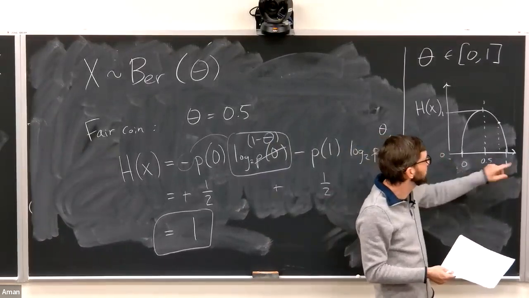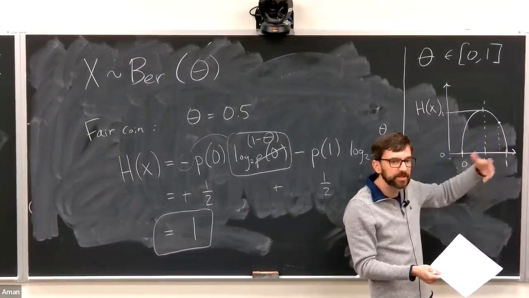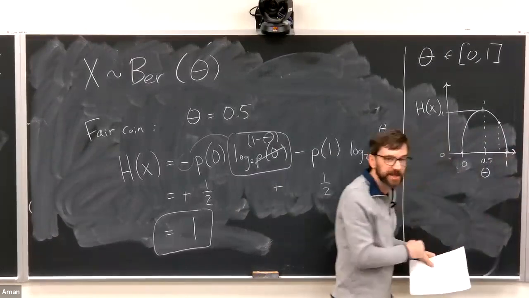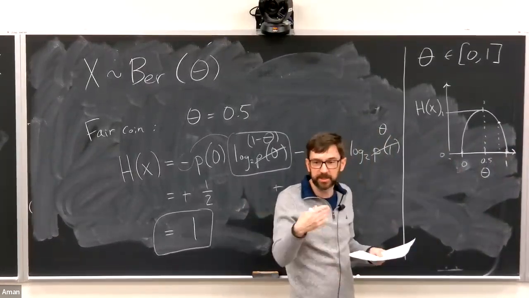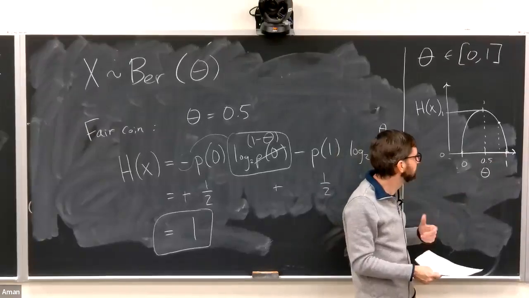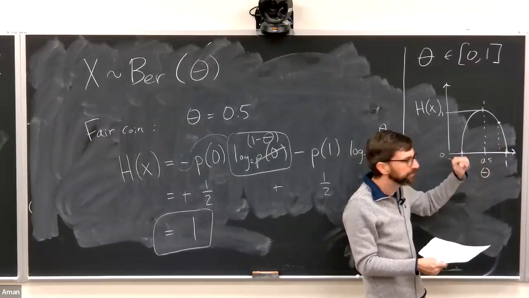There's nothing better I can do than just always predict 1. I have less information every time I see something because it's more often going to be a 1. If it's always a 1, 100% of the time, I get no information. Seeing a new bit, it's always 1, doesn't tell me anything. I know that. It's perfectly predictable, no surprise.